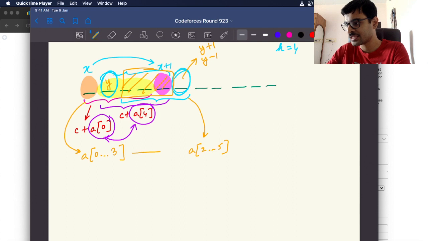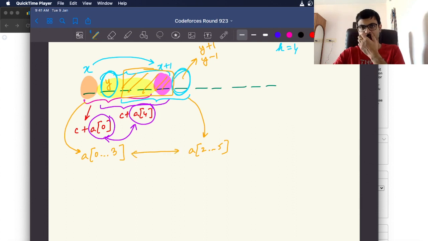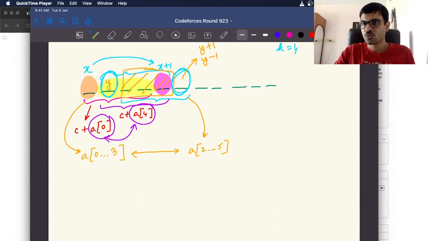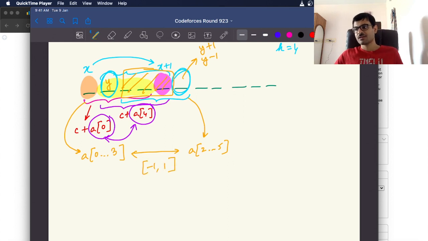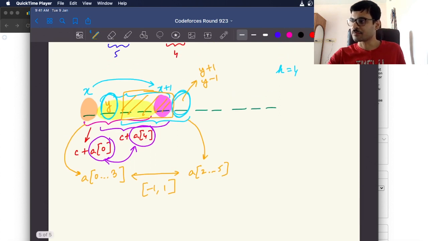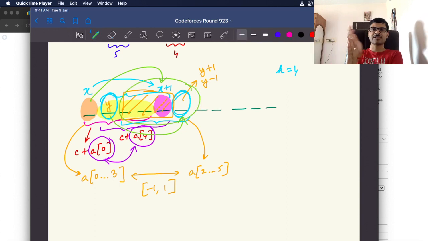Can I say between these two also the difference has to be less than equal to 1? So from minus 1 to 1. Right. So if from here it is increasing by 1, from here also it is increasing by 1, then can I say in this second subarray, two elements are greater than the previous subarray. Two elements are greater than corresponding elements of previous subarray, which means the difference is 2 now.